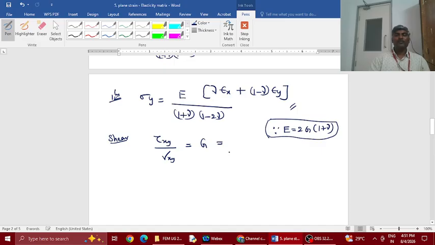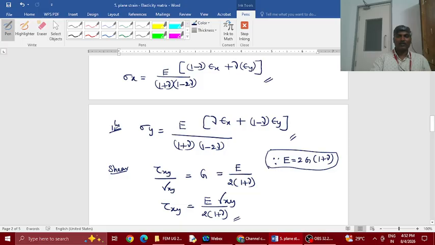Okay, so where I want G here, so E by 2 into 1 plus nu. So now I want shear stress, which is equal to E by 2 into 1 plus nu into gamma xy. So these are the stress strain relations for plane strain condition.